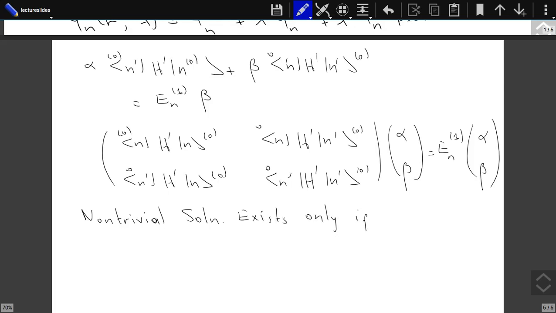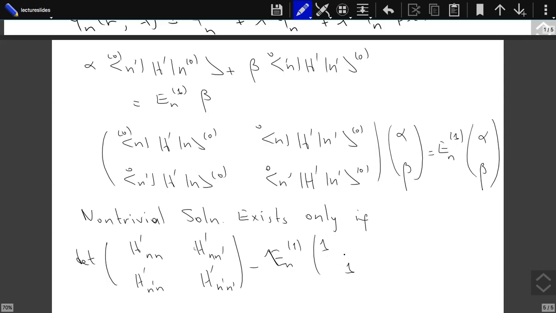only if the determinant of H'nn, H'nn', H'n'n, H'n'n' minus En1 times the identity matrix, 1, 0, 0, 1, is equal to 0.